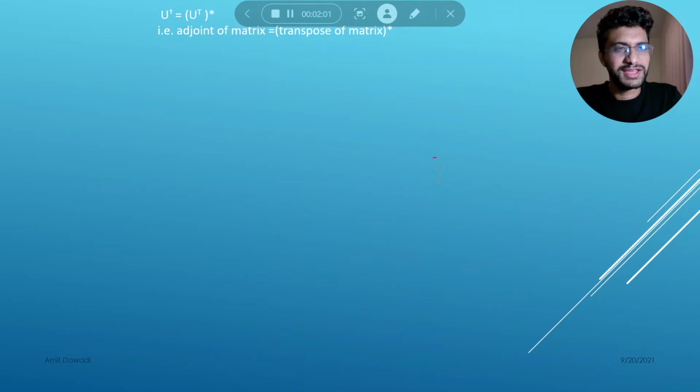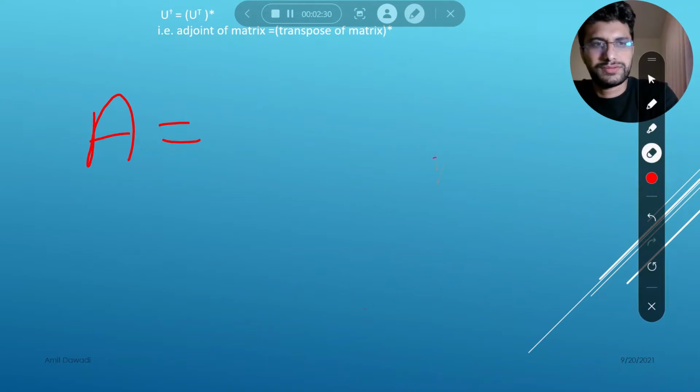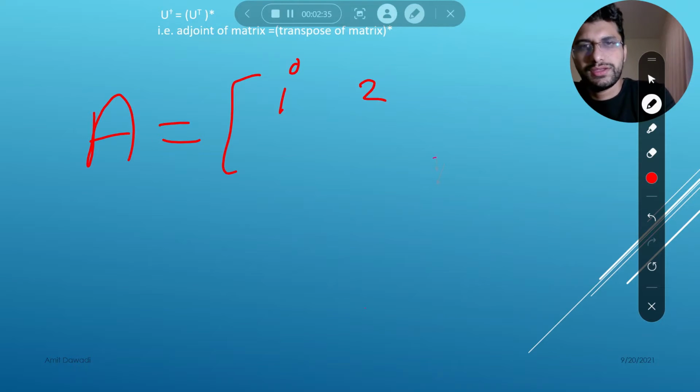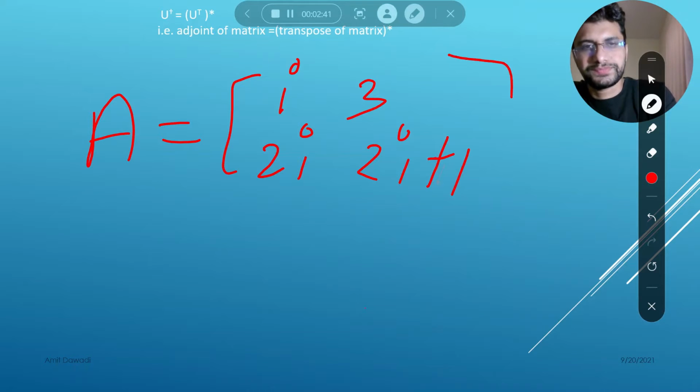For example, I would like to take an example here. Let the matrix be i, 3, 2i and 2i plus 1.